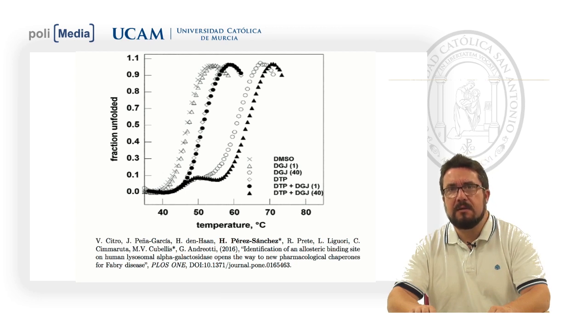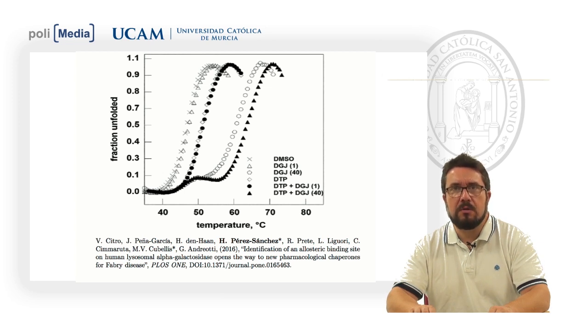In this figure, we can see an experiment that represents how the protein, the enzyme, is denatured when we increase the temperature. If you have a look at the X, which is just the protein, when we reach a temperature of about 50 degrees, the enzyme is completely unfolded and denatured.